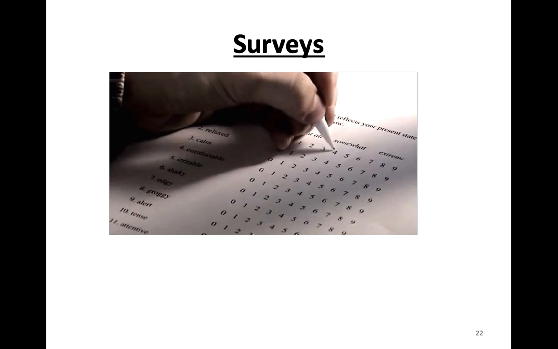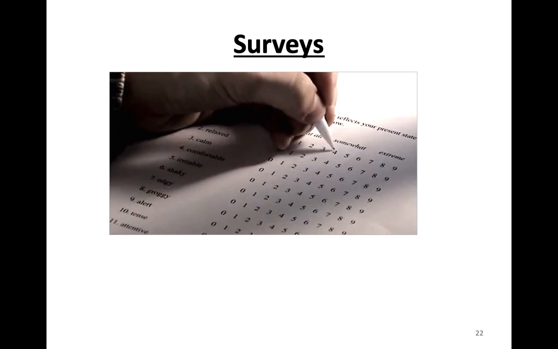I just want to talk about a couple other specific research methods. And the first of these is surveys. So chances are at this point in your life, you've done a survey before, so you have some idea of what it is. We know that with a survey, we're giving research participants a list of questions or items that they're going to complete, either a paper and pencil version or on the computer or on their mobile device.